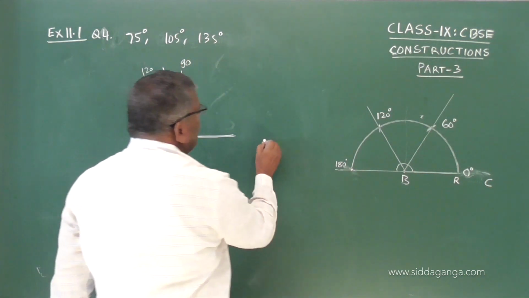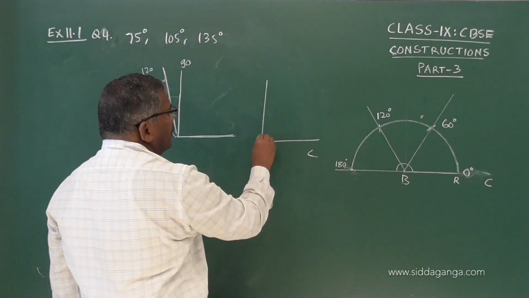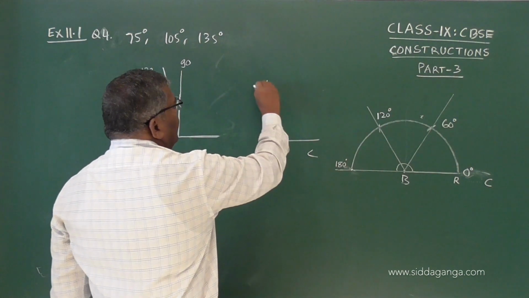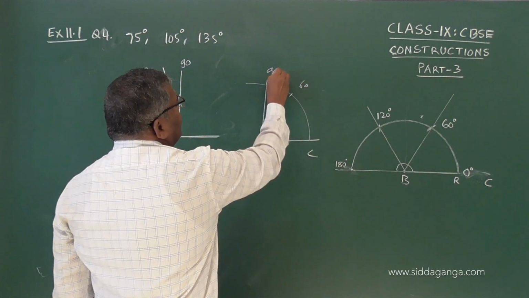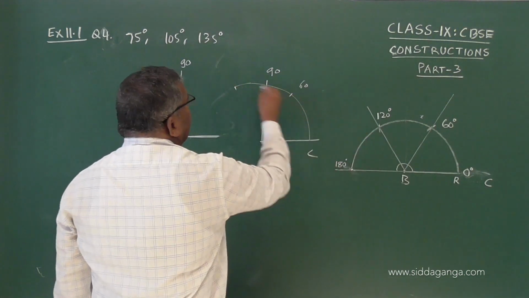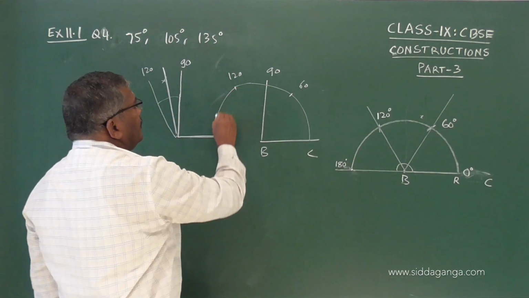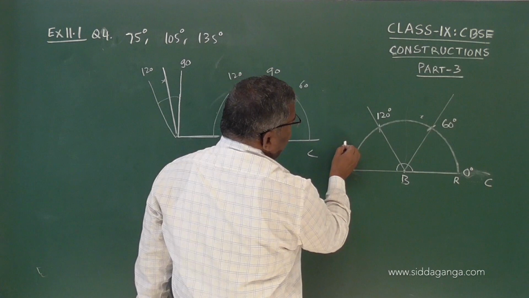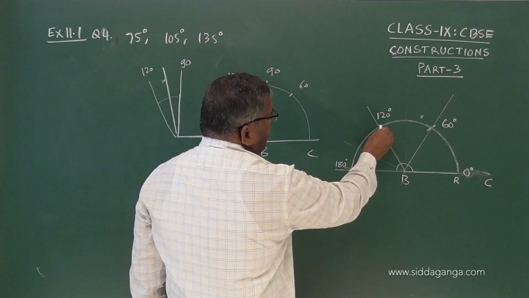135 is 90 plus 45. This is BC. 90 degree you know how to construct, and from here to here if you draw a semicircle, this is 60 degree, this is 90 degree, next is 120 degree, we want 135. So from here to here you can see, this is 120, this is 180. If I bifurcate this, from here to here it is 60.